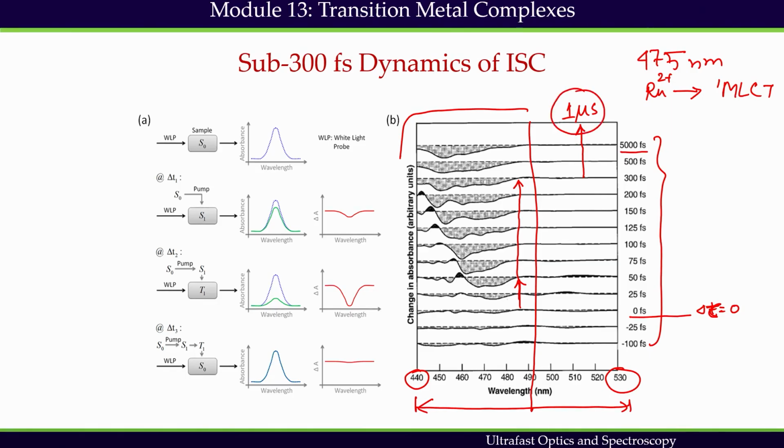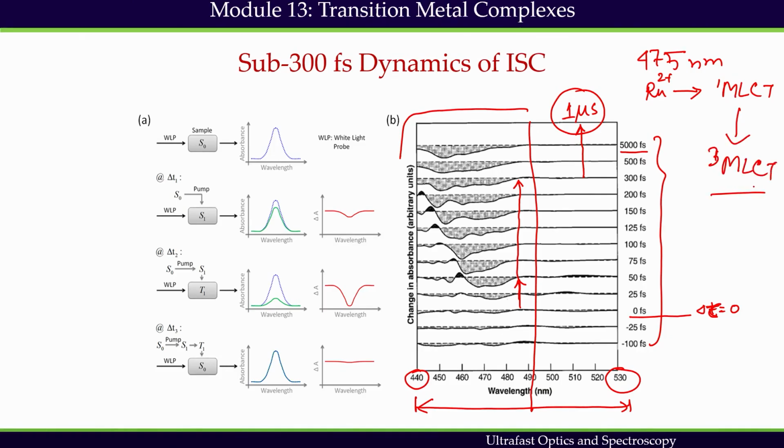No change in the spectrum until 1 microsecond means that we have already created that triplet state, and we know that the triplet state exists for 1 microsecond. This is triplet MLCT.